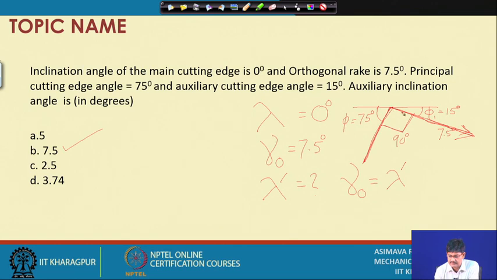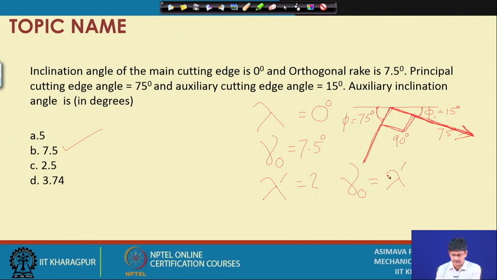So, gamma O is inclined this way, it is 7.5 at 90 degrees. But as phi is 75 and phi 1 is 15 degrees, hence this must be 90 and this must be the auxiliary cutting edge as well. So, this is the trace of the auxiliary cutting plane. So, orthogonal plane and auxiliary cutting plane, they are becoming coincident, and therefore, this angle gamma O must be equal to lambda dash. These must be equal, and therefore, lambda dash is 7.5.